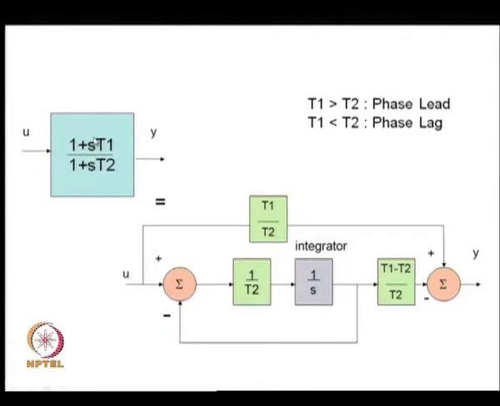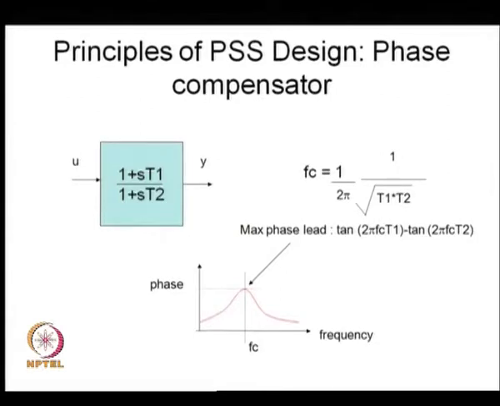It is called a lead or a lag block depending on whether T1 is greater than T2 or T1 is less than T2. In fact, by appropriately choosing T1 and T2, you can get the required phase shifts. For example, if I choose T1 greater than T2, then I can get a lead compensator, which has a maximum phase lead at what is known as the center frequency, which is defined by this equation.